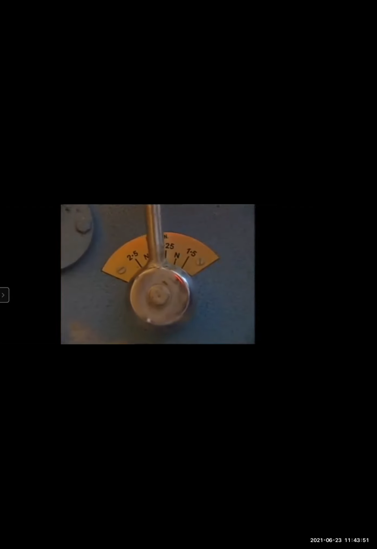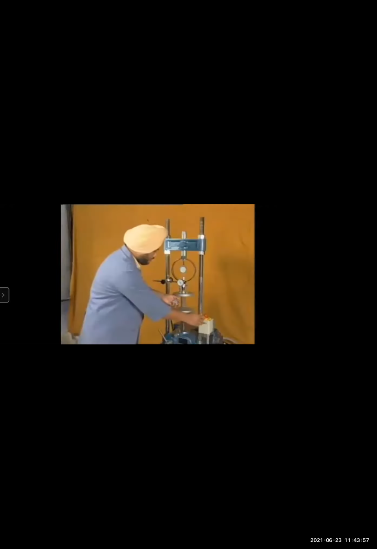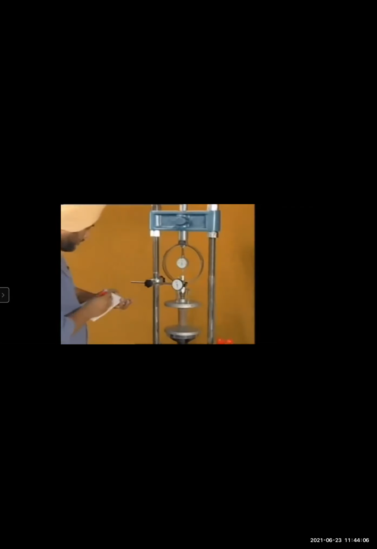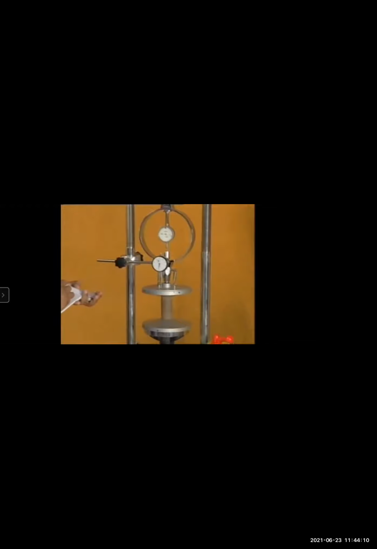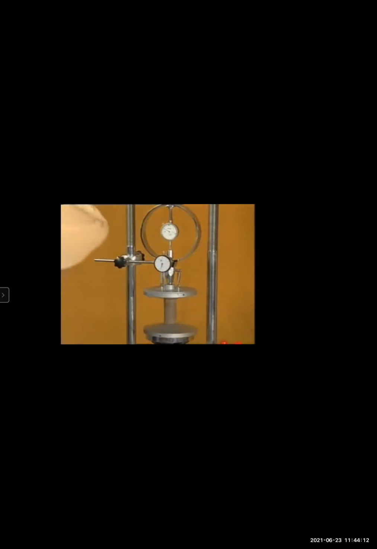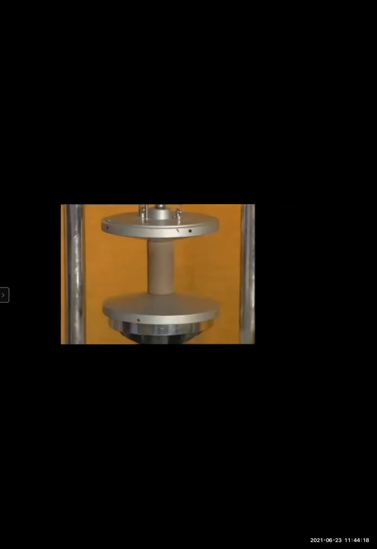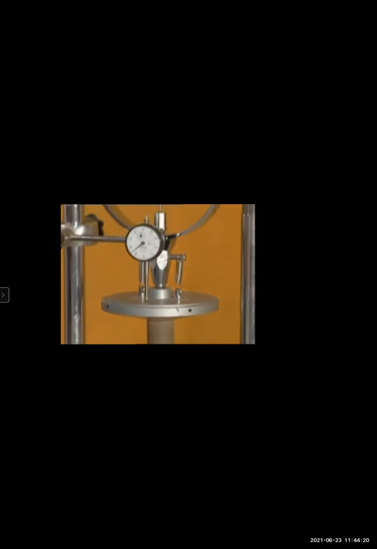Adjust the gear position of load to 1.25 mm per minute. Deflection is developed at 1.25 mm per minute. Now start the stopwatch. So take the observation on the dial gauge and also on the proving ring. Note down the readings carefully.